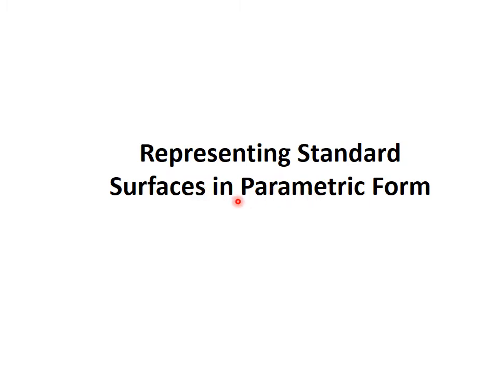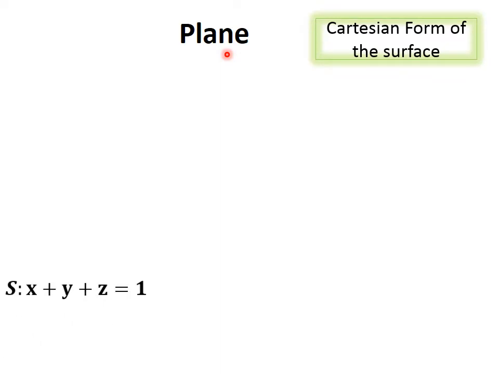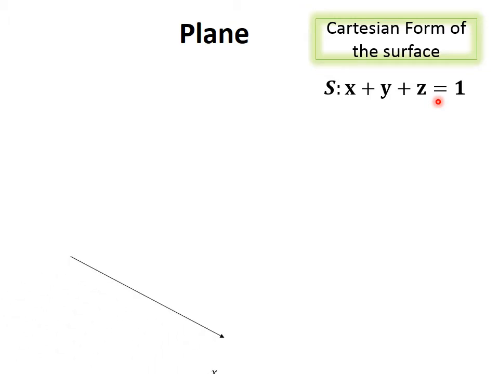Representing standard surfaces in parametric form. We are going to see how to represent the surface plane whose Cartesian form is x plus y plus z equal to 1. First we will visualize the surface x plus y plus z equal to 1 in xyz space.